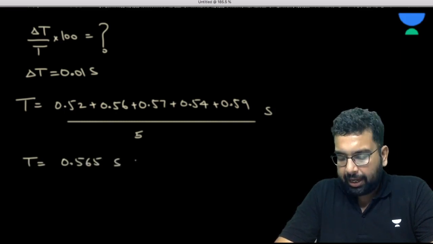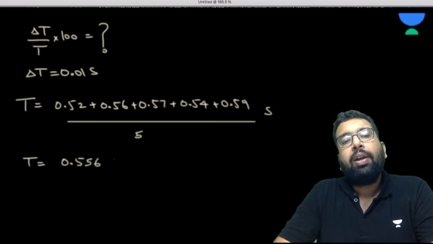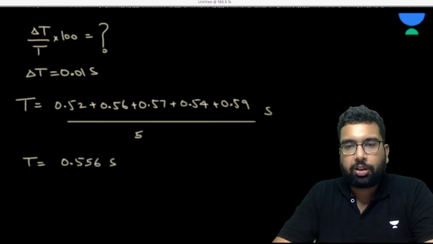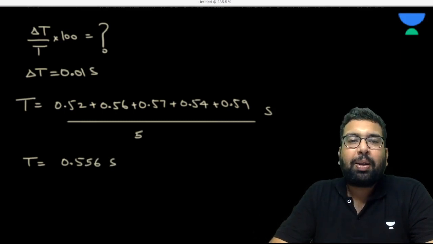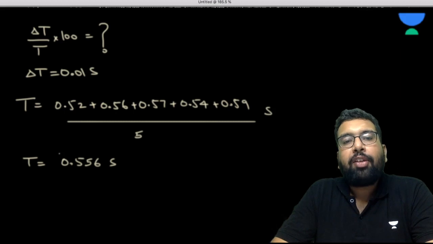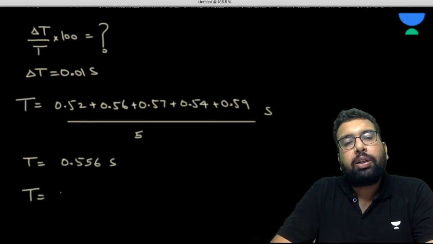We are getting 0.556 seconds. You can cross-check it; I have already calculated it. Now is that what we are going to use? No sir, we are not going to use this. We are going to use 0.56 seconds.